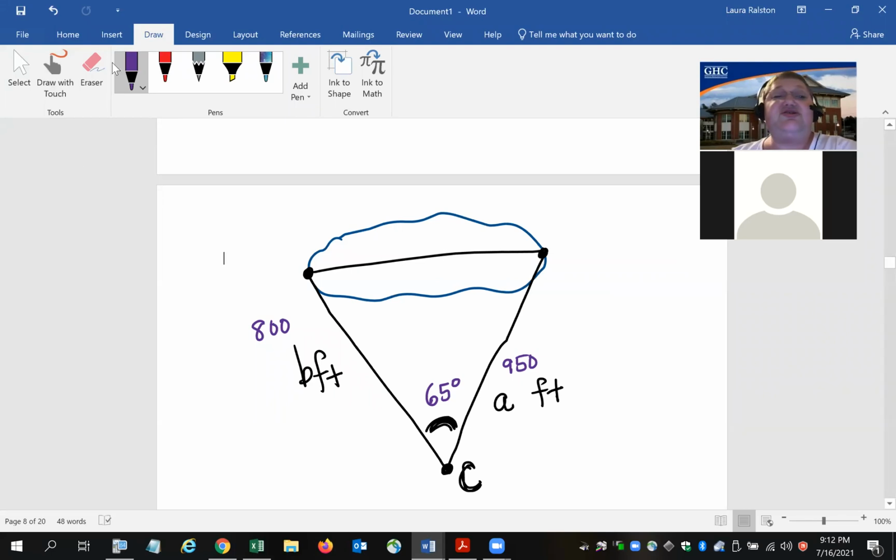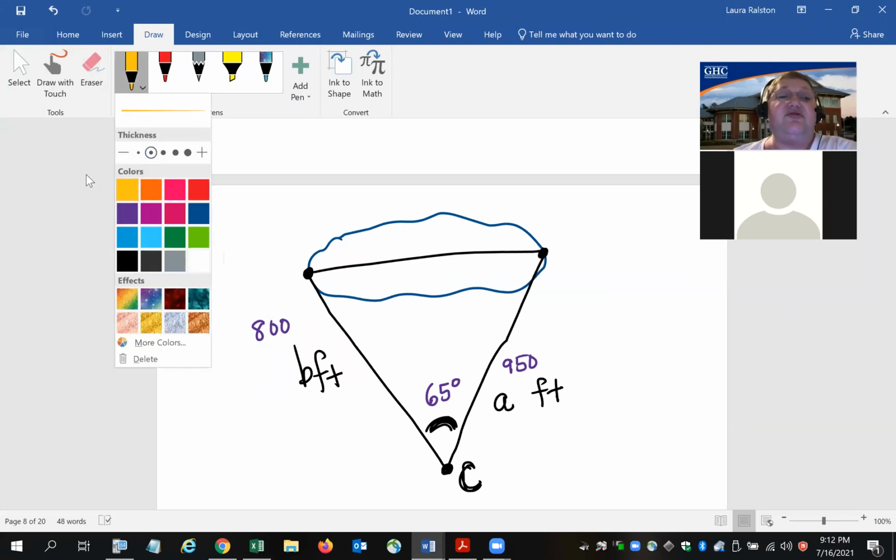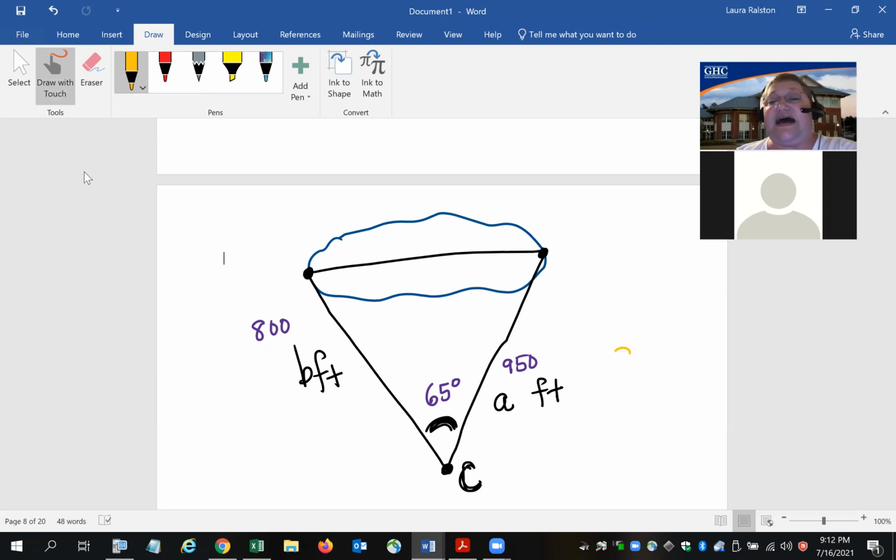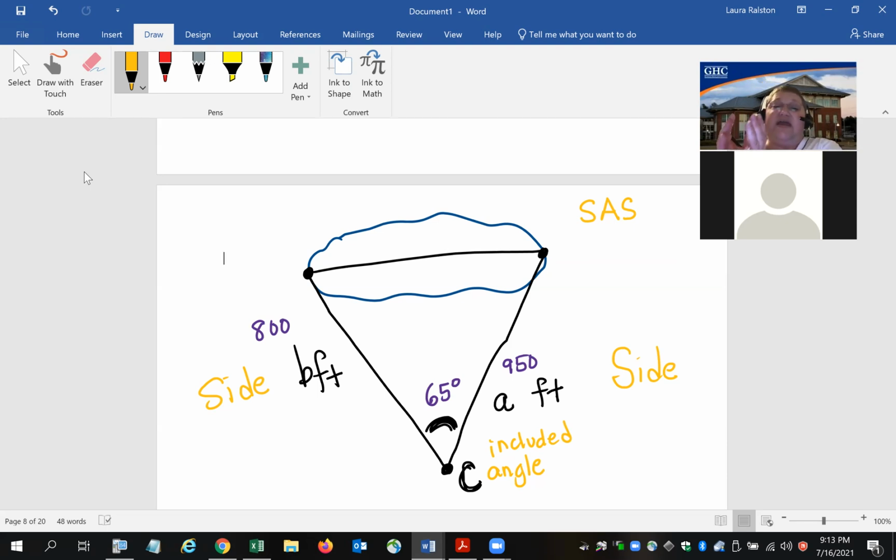So in terms of your triangle, you know a side, you know a second side, and you know the angle in between. This would be the geometry scenario of side, angle, side, because I know a side, a second side, and the included angle. The two sides come together to make a specific angle. It's called side, angle, side.